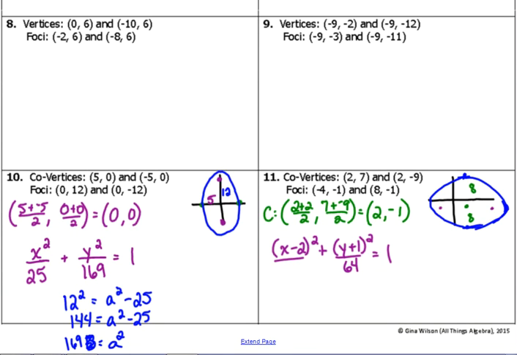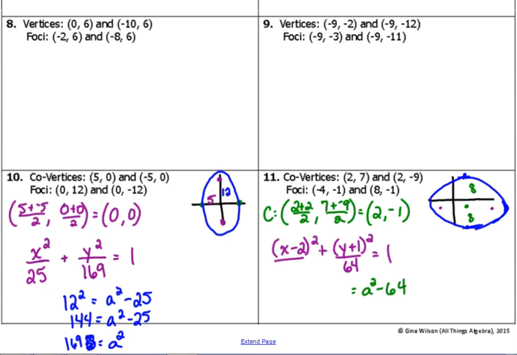We need to find a squared using c squared equals a squared minus b squared. So we know b squared. We don't know a squared. We can find c squared. C is the distance from the center to the foci.